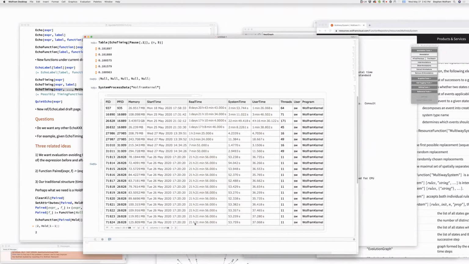The system time is really low, so that means it's not I/O bound. And the real time is immensely high, because it's a parallel kernel that was launched ages ago, but it hasn't been spending much CPU time. It's really weird. Who knows what went wrong, but maybe one of them is spending all the time. Yeah, that's possible on a different machine.